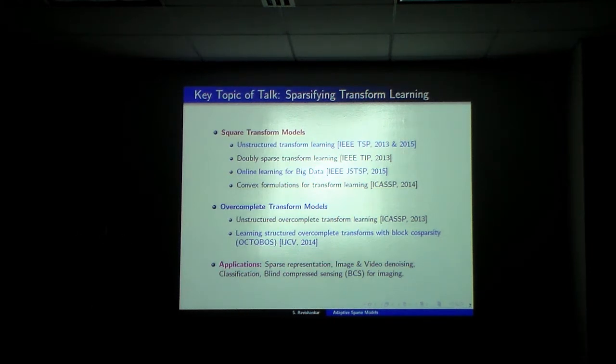but adaptive separable transforms don't seem to work as well, because when you impose separability, instead of learning an n by n transform, you're learning a square root n by square root n transform, and you're applying it on the two sides of the patch.